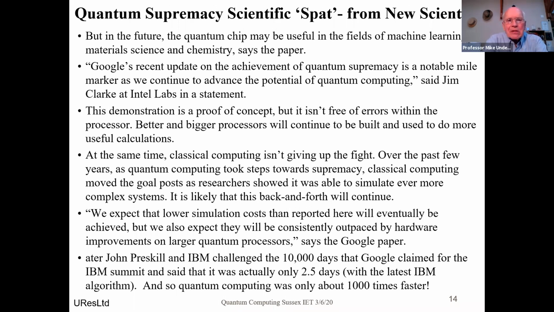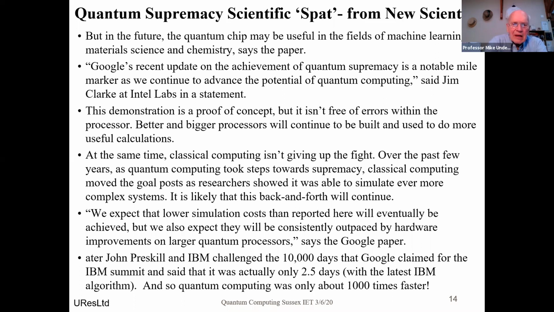So that particular paper said what fields the quantum chip of 54 qubits would be useful in. And certainly Jim Clark at Intel Labs is saying it was very good, and also saying that bigger processors will continue to be built, but he is also saying classical computing isn't giving up the fight.